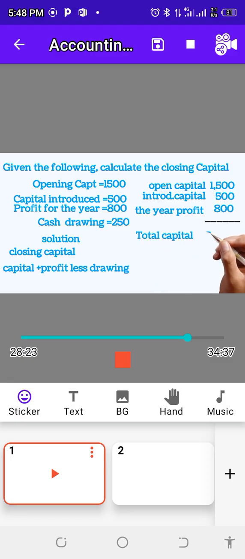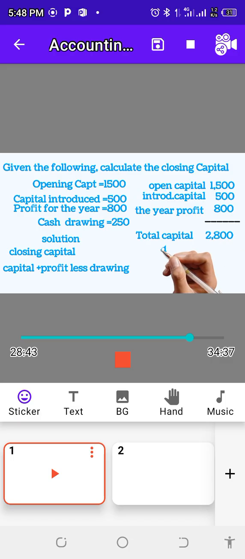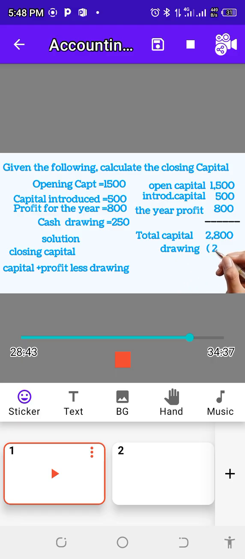That will give you 2,800, and the drawing is 250. So you remove drawing from 2,800, you will arrive at 2,550. And that is the closing capital. That is how to calculate the closing capital.